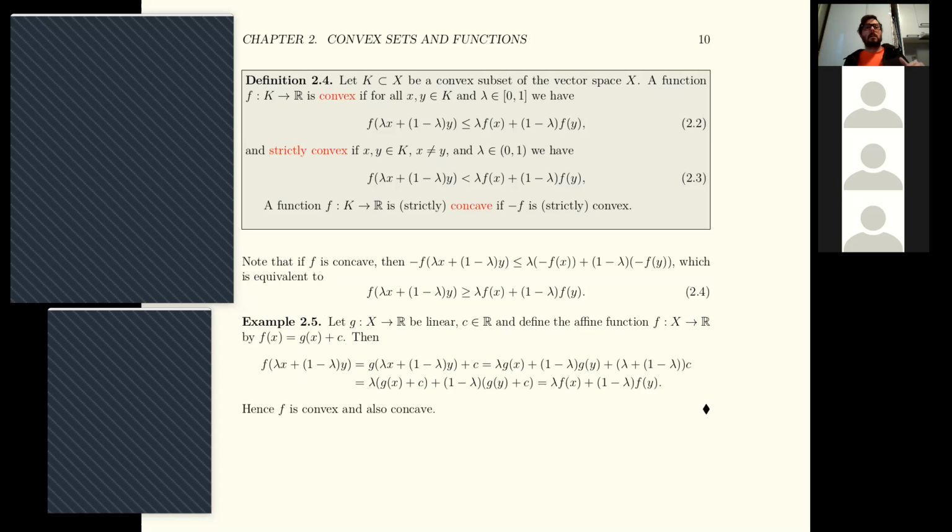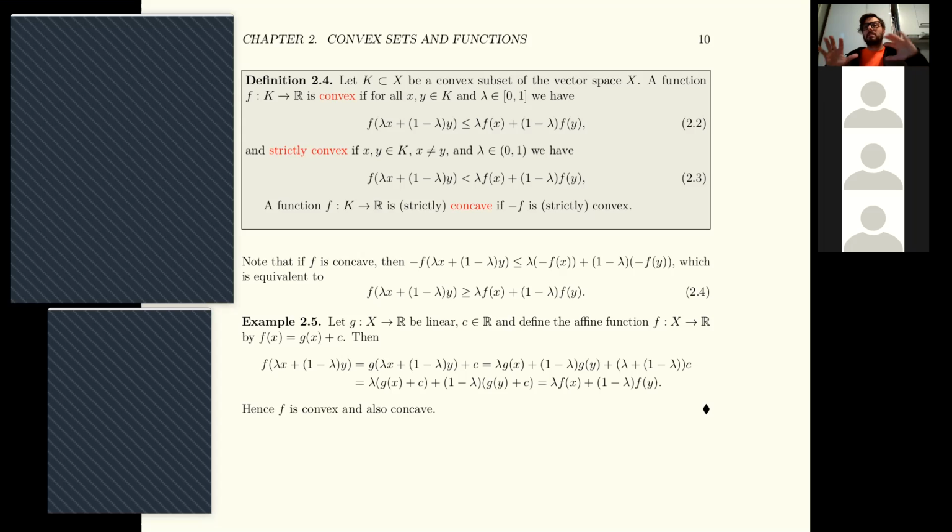So let's say that we have a convex set. Usually we deal with the whole set of our discourse, meaning that if we're optimizing an n variable model, then we're talking about Rn, n-dimensional real vectors, for instance.